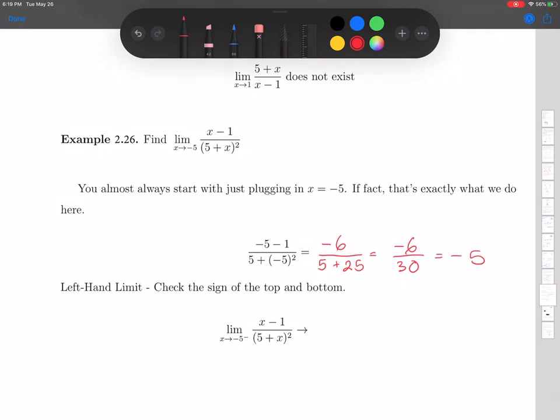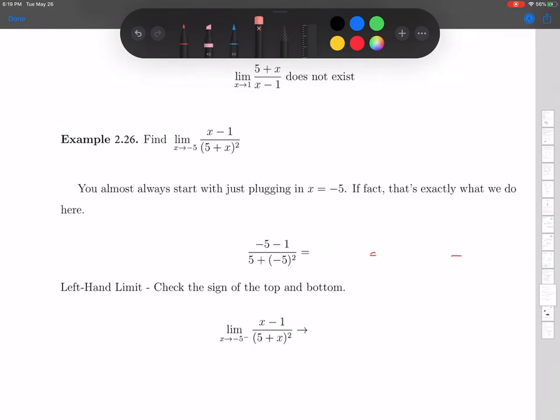So I think there's a typo here, and I want to change this for a second, because right now it's not a problem that really presents us with the need to do a left-hand and right-hand side limit. So let me go ahead and change this just a little bit.